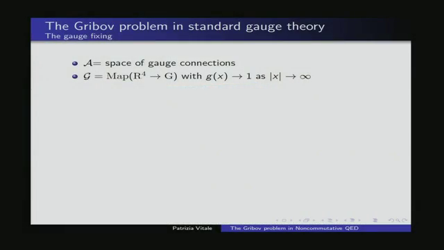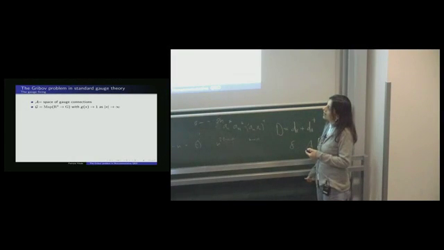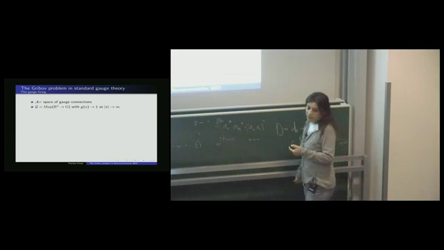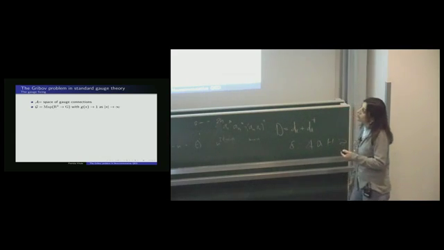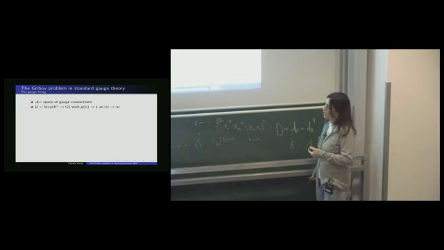Then I have my gauge group, which is an infinite dimensional group, and it is the group of maps from my space-time, which is Euclidean, to the Lie group G, which will be U(N) or SU(N).